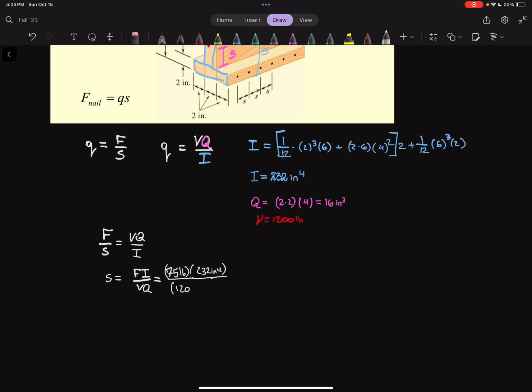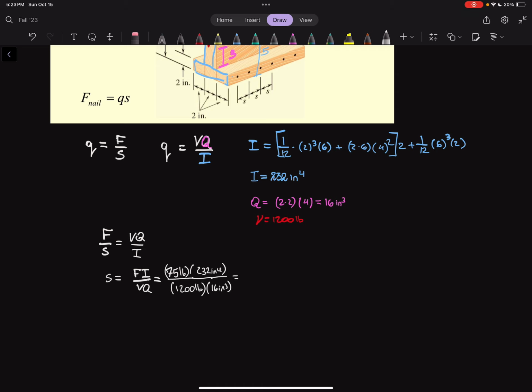V is 1,200 pounds. Q is 16 inches to the third, so we'll have inches. So we're looking good. And so we're going to have 75 times 232 divided by 1,200 times 16.